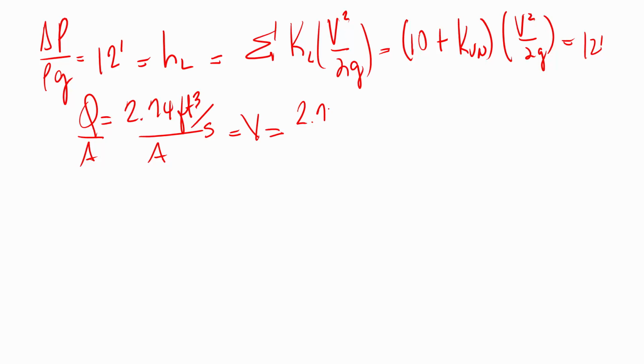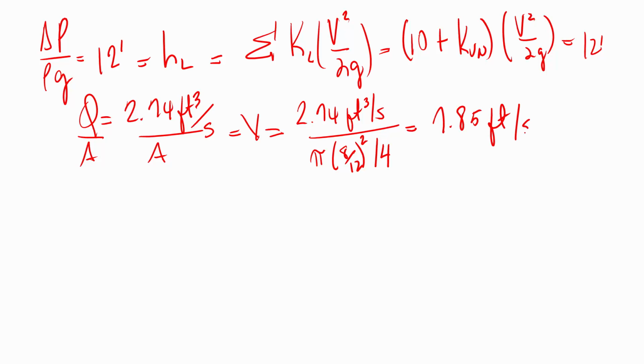So 2.74 cubic feet per second divided by the area, and the diameter was 8 inches, but I want it in feet, so this should give me 7.85 feet per second. Feel free to stop this video at any time.